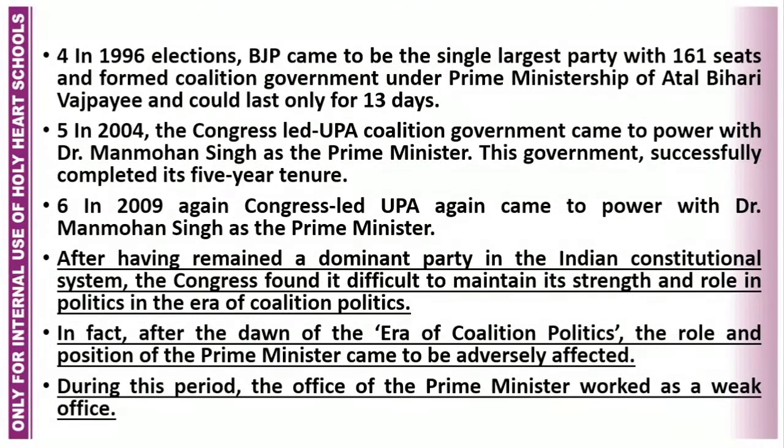And then the BJP formed a coalition government under the Prime Ministership of Atal Bihari Vajpayee and it could last only for 13 days. Obviously, it was to be so because the party had just 161 seats, and to form the government it needed 273 seats, so it could not prove majority. And after 13 days, Prime Minister Vajpayee left the Lok Sabha. He could not form his government.